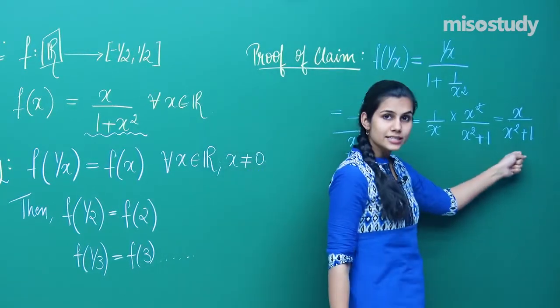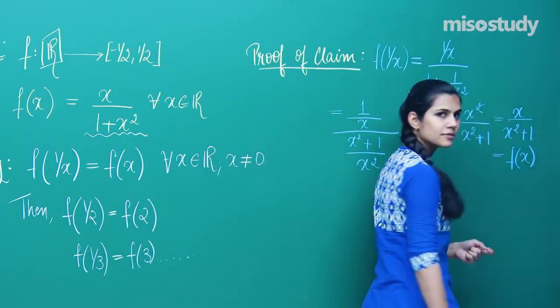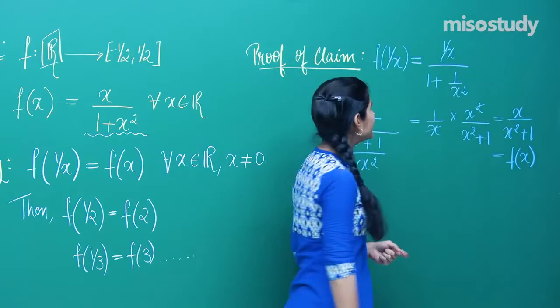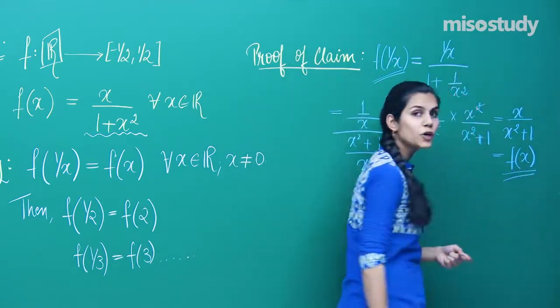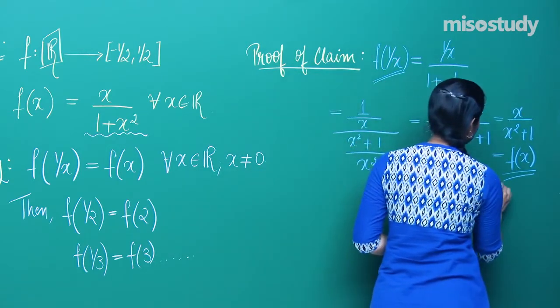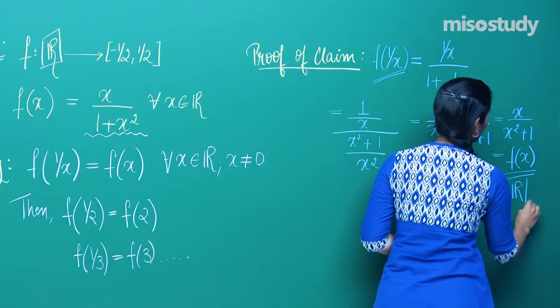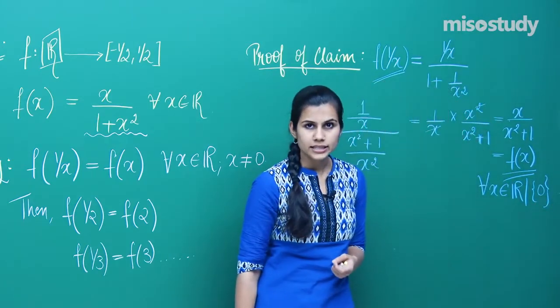But what is this? Isn't this equal to f of x? Yes, it is. This means it is true that f of 1 by x is equal to f of x for every non-zero real number x, or I can say R minus singleton 0.